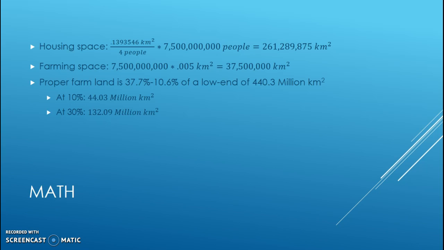Here's where the math comes in. Of course, housing space is going to be the amount of space needed for 4 people, being examined over the current population, which is currently, as you can see in the equation, we only need, for 4 people living per 1,500 square feet, 2,600,200.